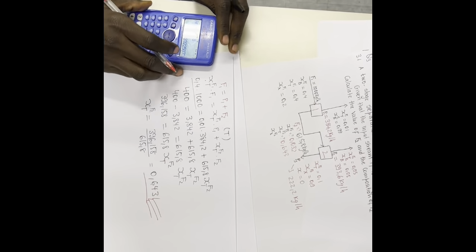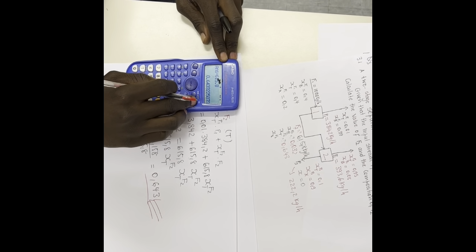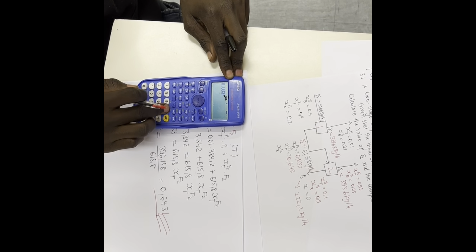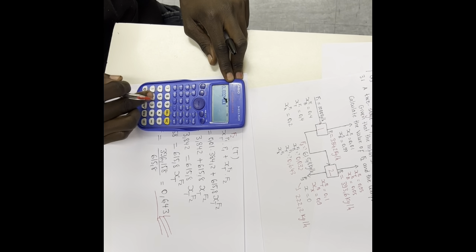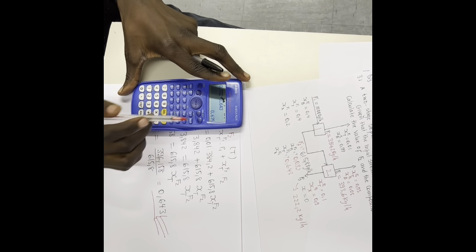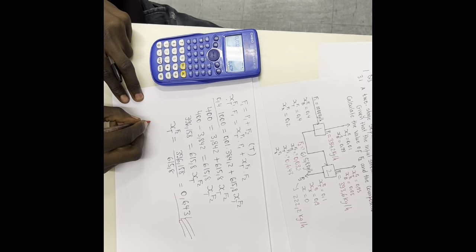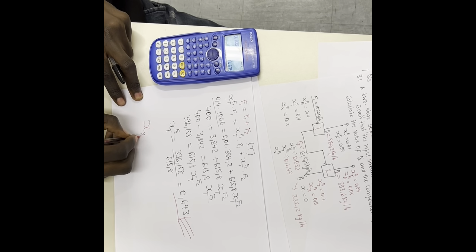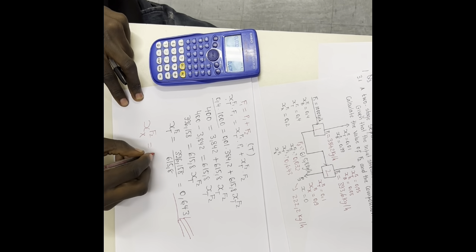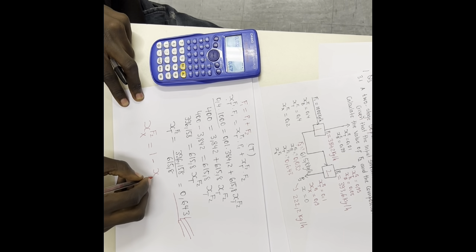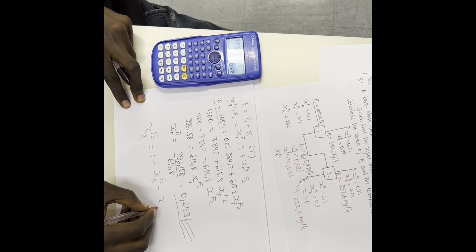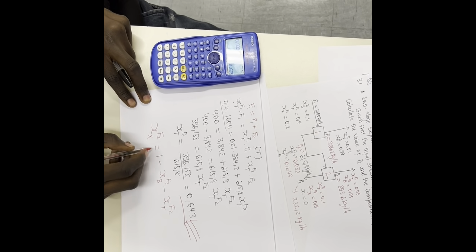But now check: you take 0.032 plus 0.643, and this is the number you miss. If you want to find the composition of xylene in F2, you're going to have 1 minus X of benzene in F2 minus X of toluene in F2. So we have everything.